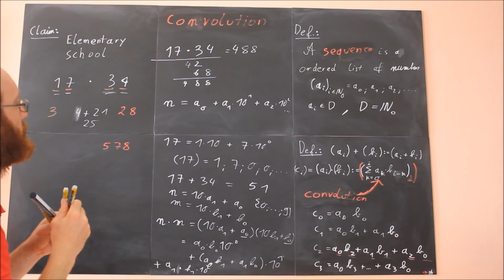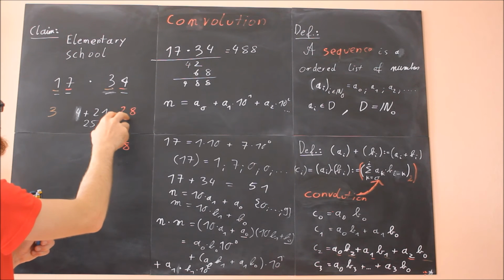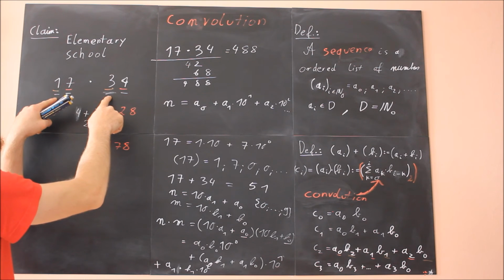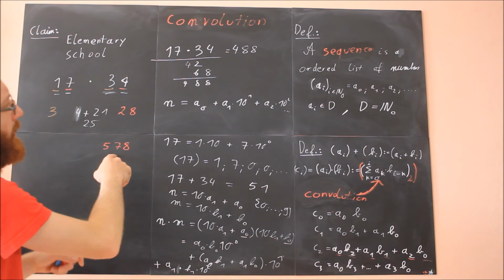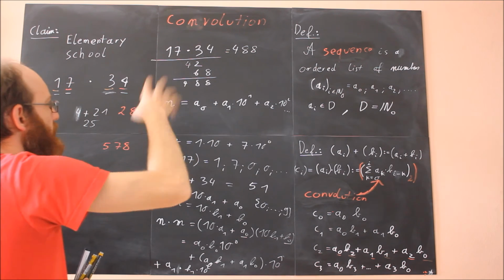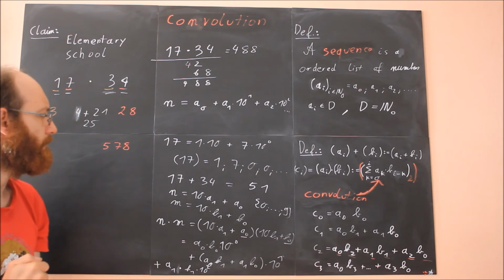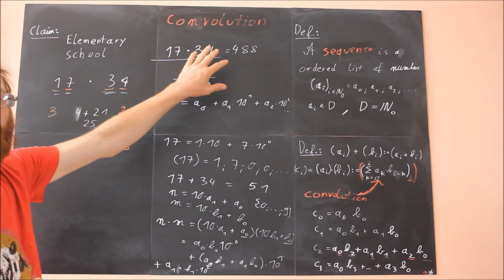Where did I make a mistake? Something went wrong. 28, 3 times 1 is 3, 3 times 7, 21, 4 times 1, 4, 25, 2. I guess I made a mistake maybe here. Yeah, you can correct me, please.